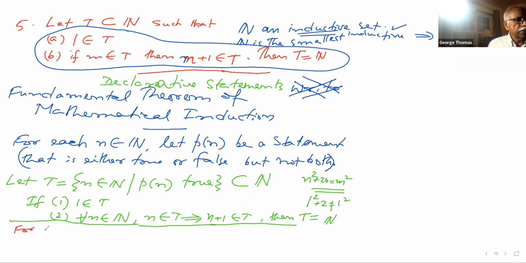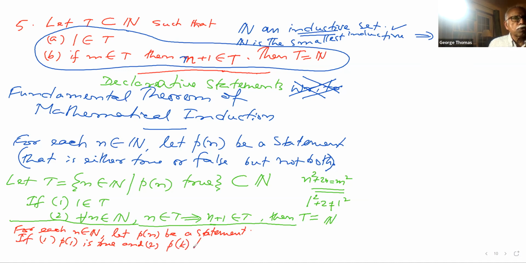For each n contained in N, let P(n) be a statement, such that if 1, P(1) is true, and 2, P(k) true implies P(k plus 1) true, then P(n) is true for all n.